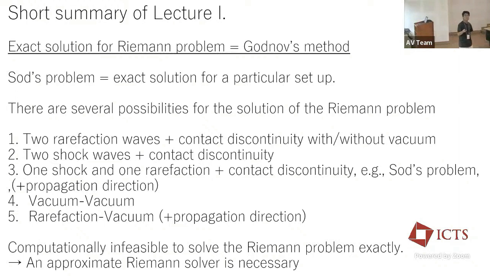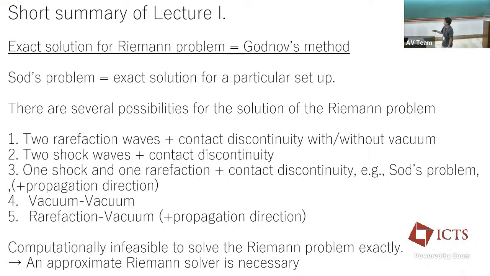But as I explained yesterday, there are several possibilities for the solution of the Riemann problem, depending on the initial condition for the left and right states. Yesterday, you just solved one specific initial condition. In general, there are a couple of possibilities.